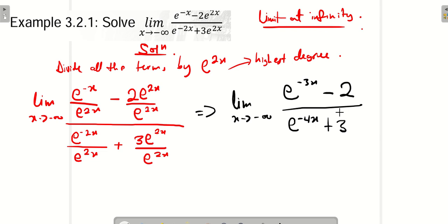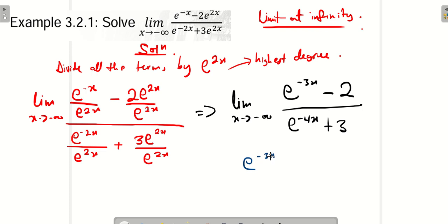Now, when you get to this point, you need to make some analysis. When you have e to the power negative 3x, remember that the limit is approaching negative infinity. So the question you ask yourself is, when you substitute a very big negative number, for example negative 1000, negative 2000, what is going to happen?